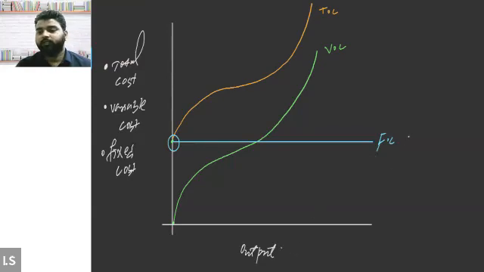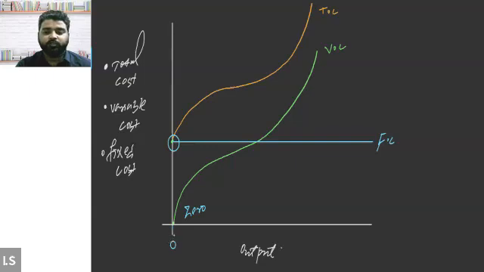Clear. Yes. Sir, can you explain the origin of the total cost? Is it because the fixed cost starts there? Yeah, see, let's suppose at this point, how many units will be here? There will be 0 unit, right? So at 0 unit, variable cost will be 0.